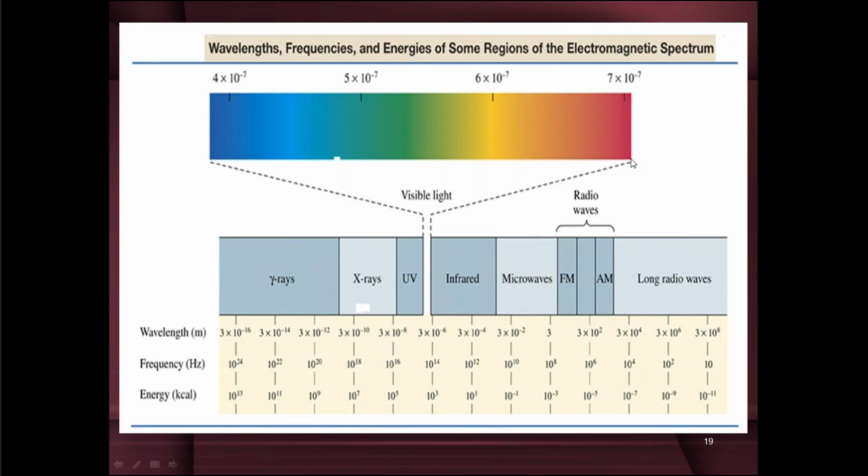Before we go into the various types of spectroscopy, we also saw the electromagnetic spectrum and its various regions. These were the various regions as you see here on the screen: gamma rays, X-rays, UV, visible, infrared, microwave, and radio waves. So these were the different regions of the electromagnetic spectrum.